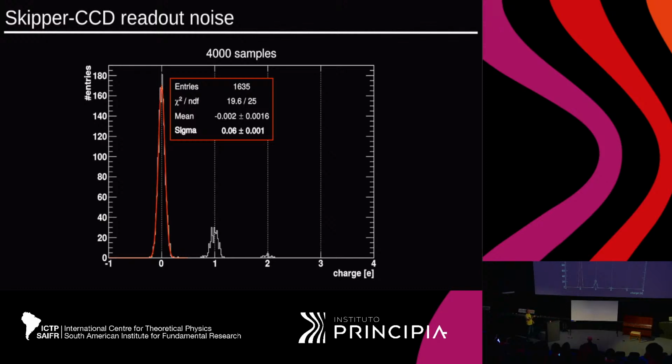And what does this mean? This means that if you measure a value, let's say 0, you are more than 5 sigma away from confusing this with the next charge quantum. So if you measure 0, the likelihood that you will confuse it with 1 is more than 5 sigma away.